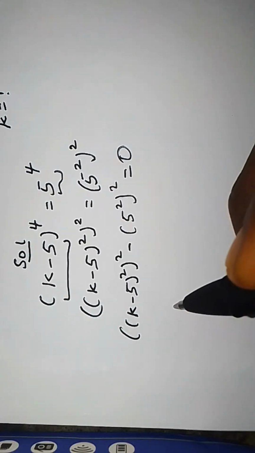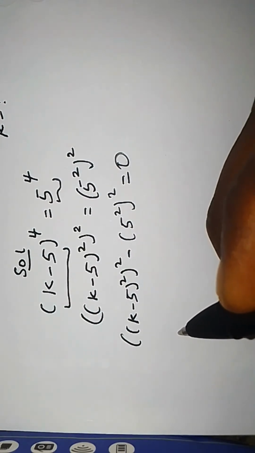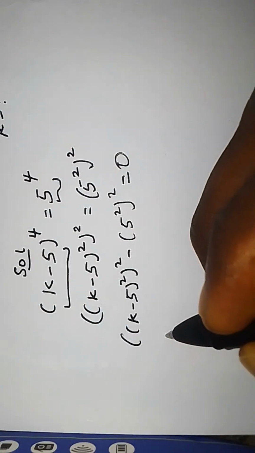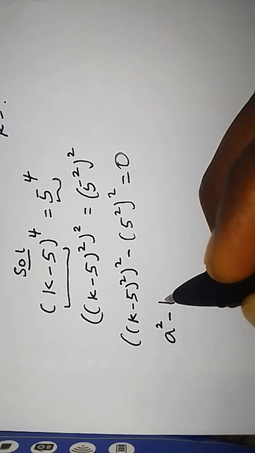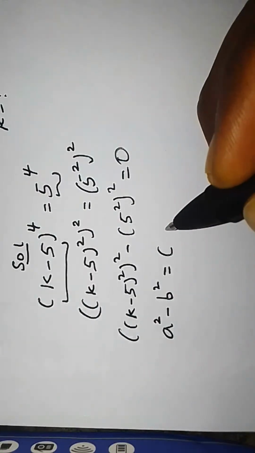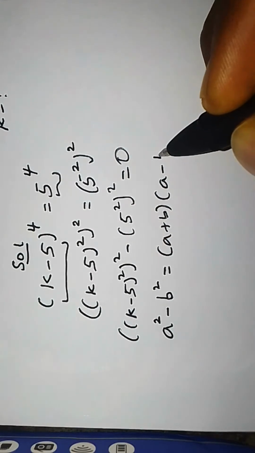Let's continue. Now, let us recall this beautiful algebraic identity. It says a squared minus b squared is equal to a plus b times a minus b.